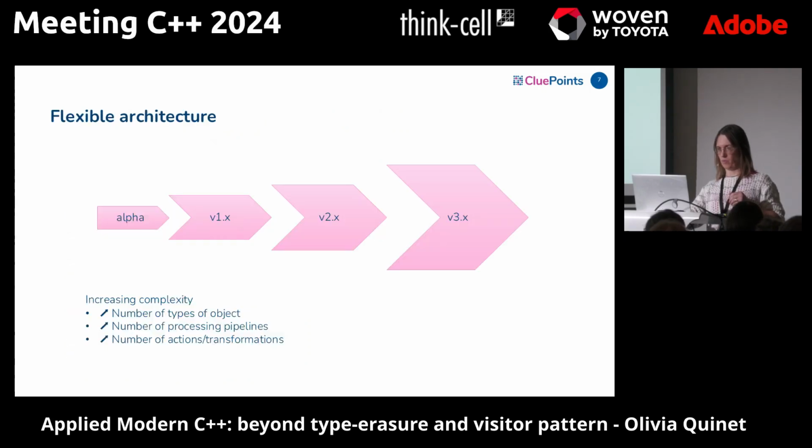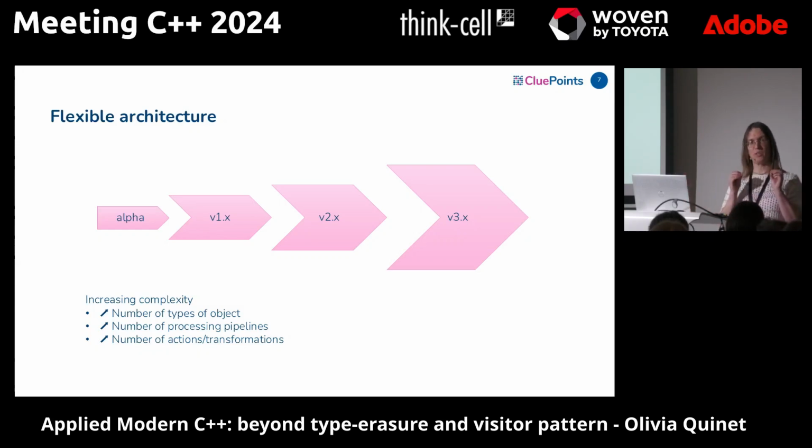And so, again, this is very simple, but for software, usually we have a first version, alpha, with very few types, small processing, very few actions and operations, and then it grows, and the complexity increases, and the number of types of objects, processing and actions increases too.